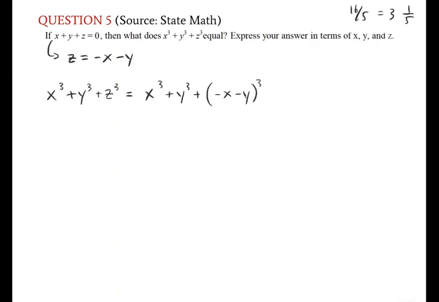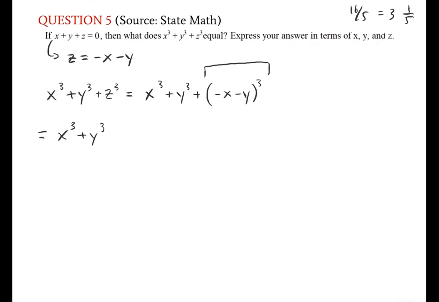Now we want to expand this. If you don't know how, you may have to review your cubic expansions.